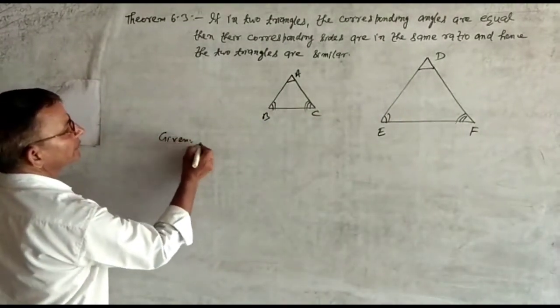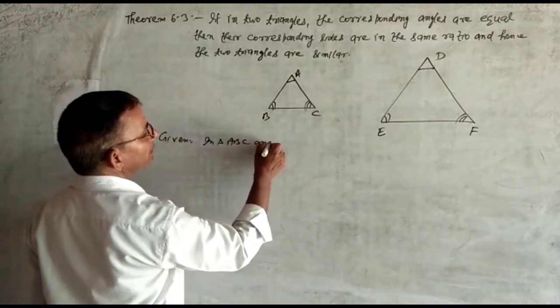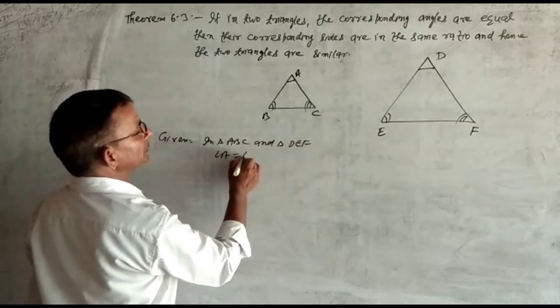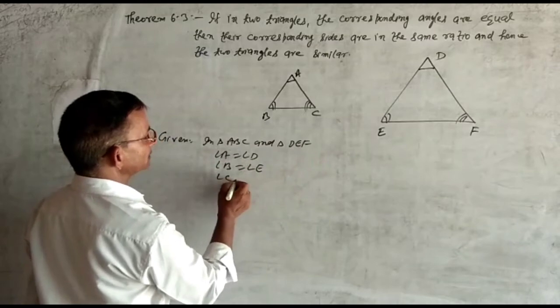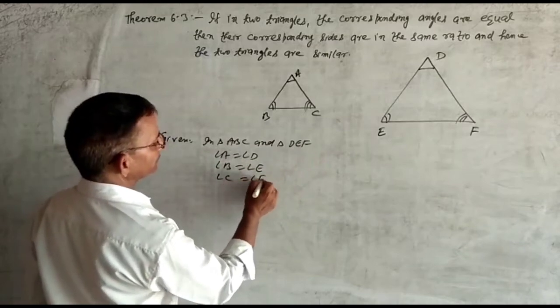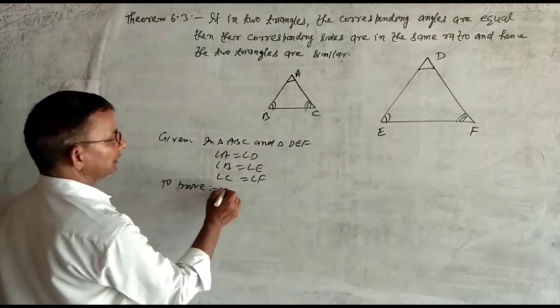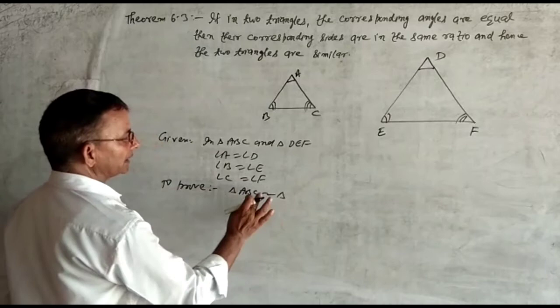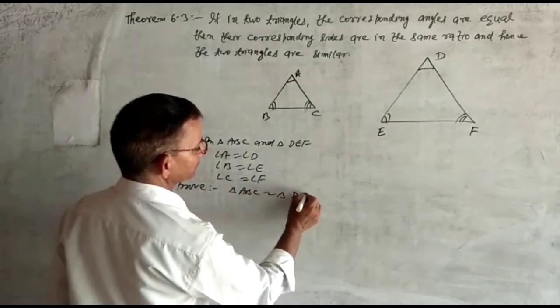Given: in triangle ABC and triangle DEF, angle A equals angle D, angle B equals angle E, angle C equals angle F. To prove: triangle ABC is similar to triangle DEF.